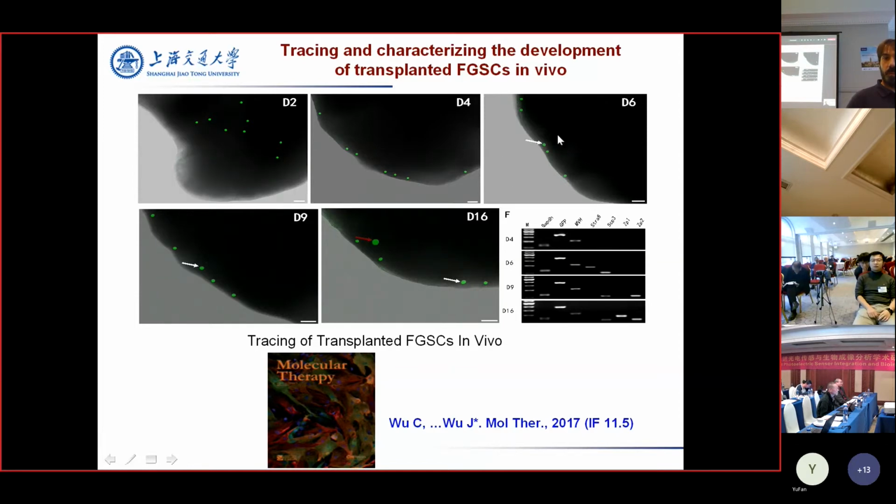They indicate that at day 6 and day 9 the FGSCs go into meiosis, or differentiate into the early stage of oocytes.